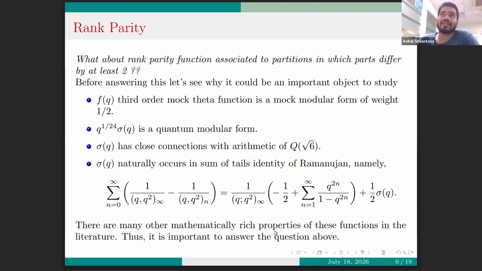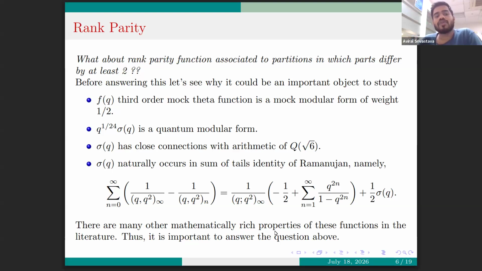Also, sigma(q) has nice arithmetic properties. If you see the Fourier expansion of sigma(q), the coefficients are very nice, and some of these properties were proved by Andrews, Dyson and Hickerson in their paper, and they associated the sigma(q) function with the arithmetic of the field Q(√6).